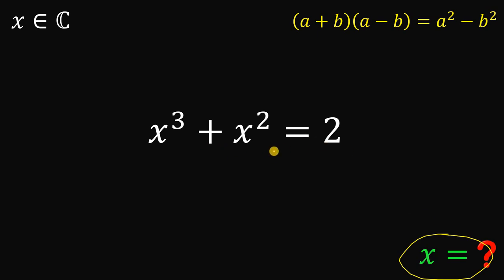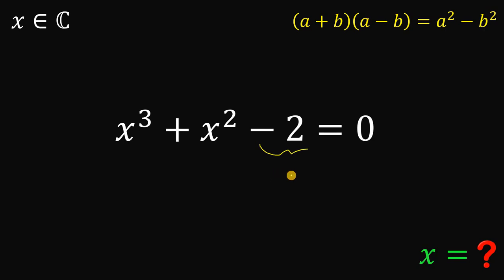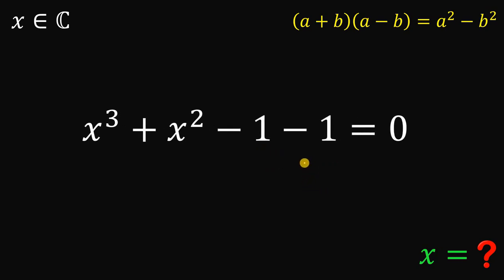Alright. And to solve for this, let's equate this to 0. Now, one thing I notice here, this negative 2, we can write this as negative 1 minus 1. Now, the reason why we do that is because if we split this and arrange a little bit, we have x cubed minus 1 and x squared minus 1.